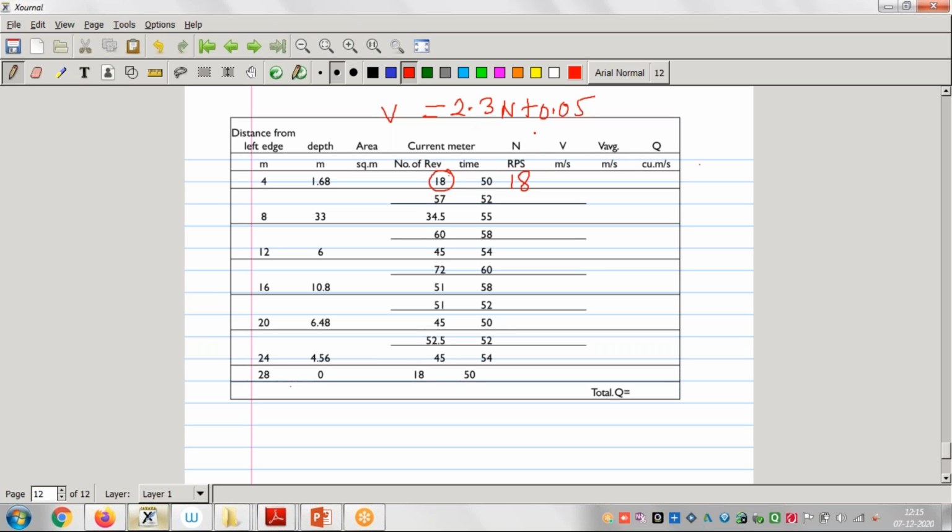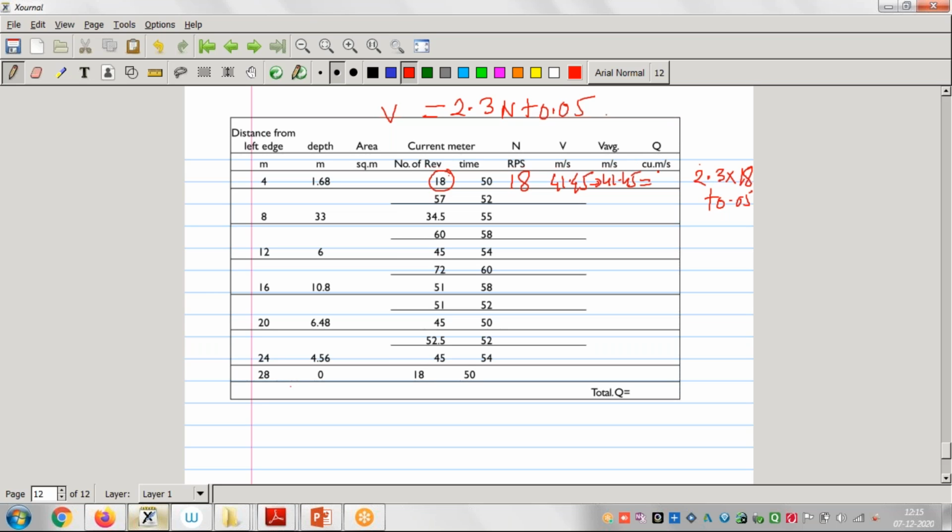Now put this value 2.3 for this, right? 2.3 into n is 18 plus 0.05. So we got 41.45, right? So we will write as it is 41.45.